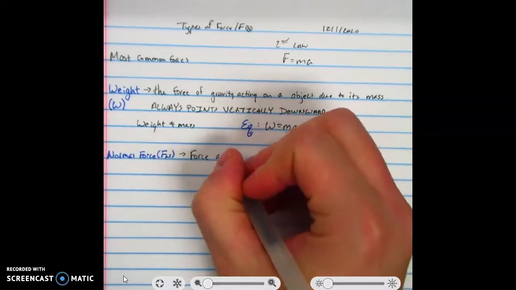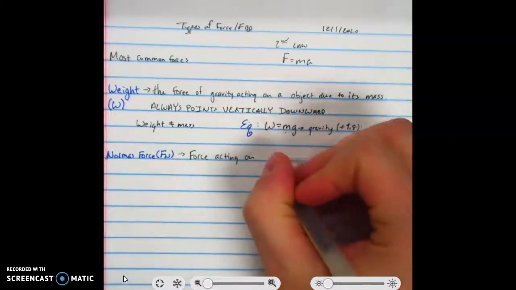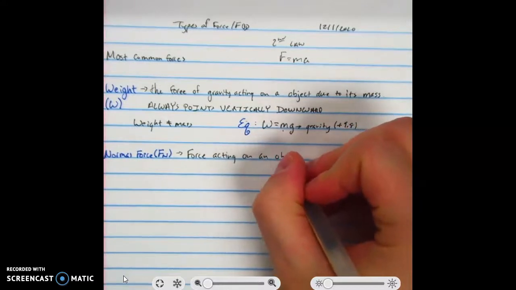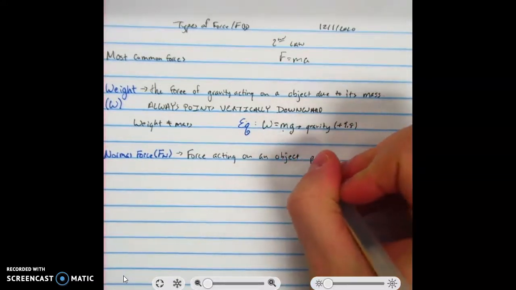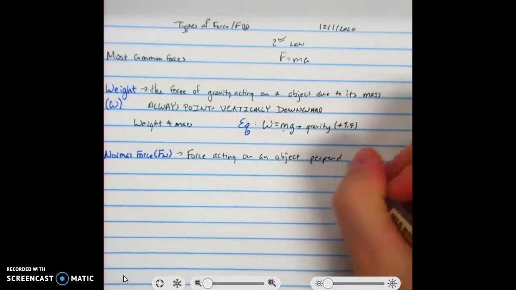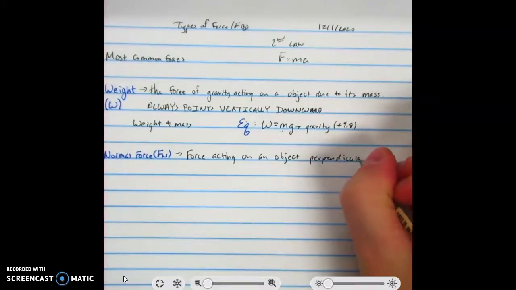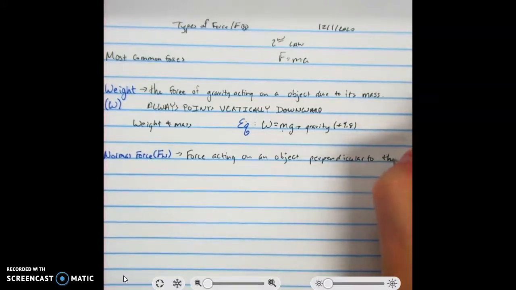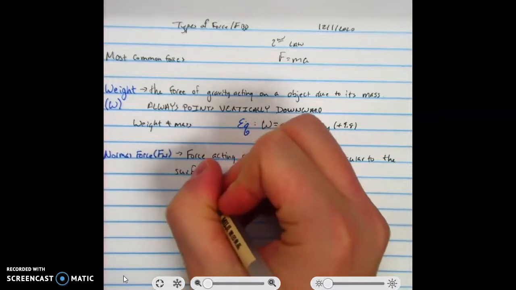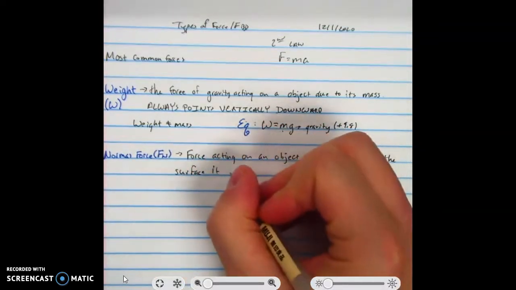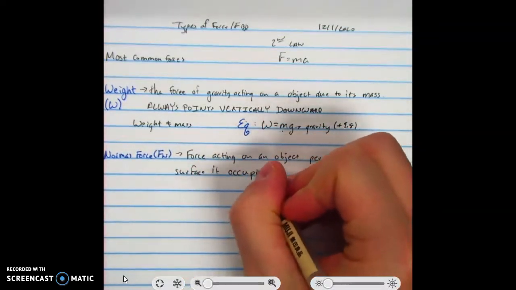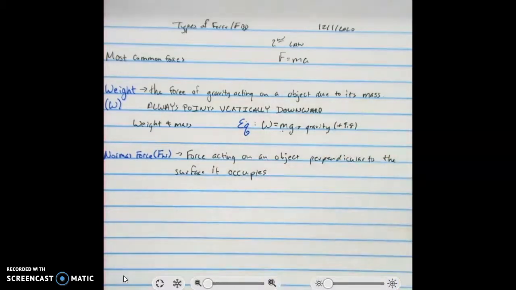Force acting on an object perpendicular to the surface it occupies. I like that one a little better.